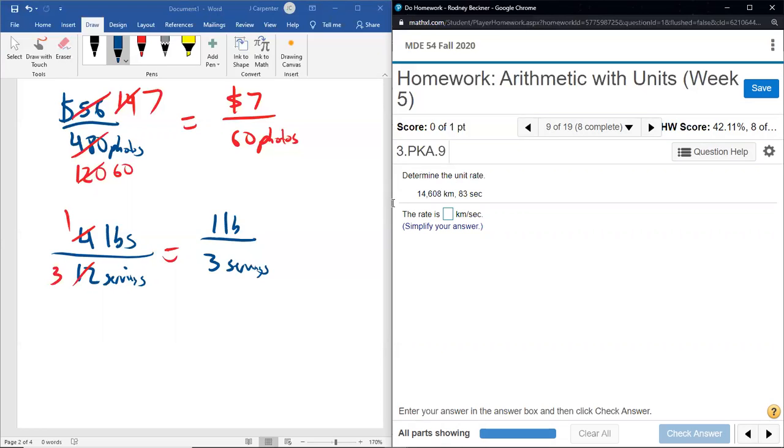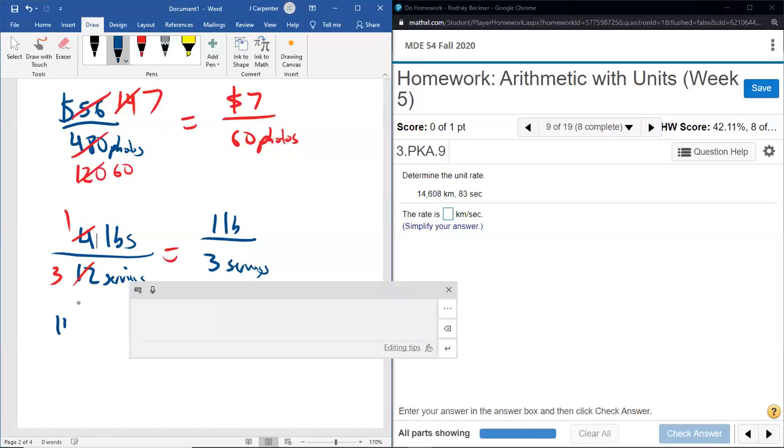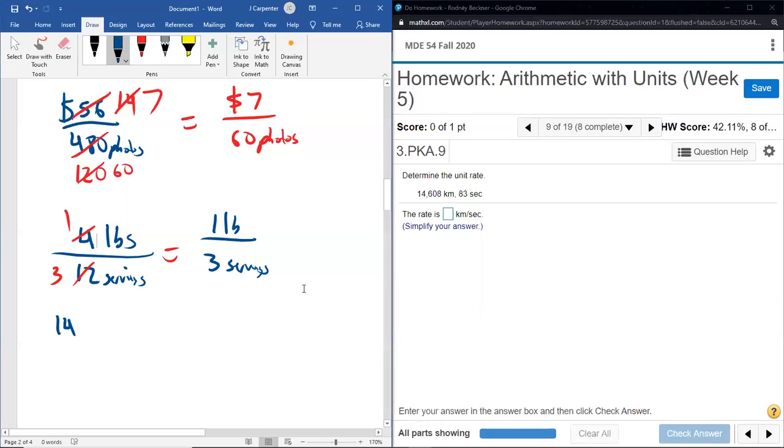When we find the unit rate, that's going to give us our speed in terms of an amount of distance every single second that we cover. So we're going to go 14,608 kilometers divided by 83 seconds.